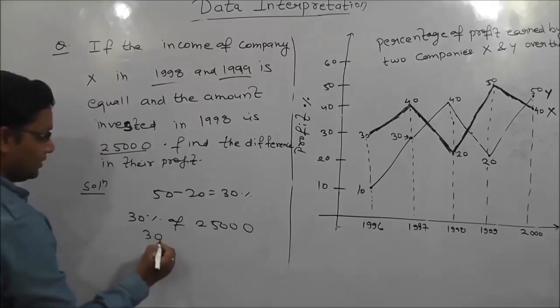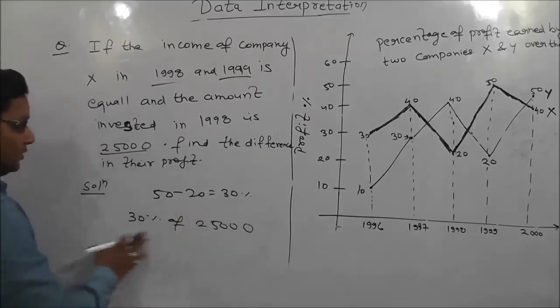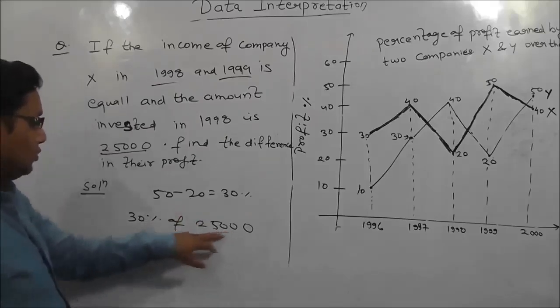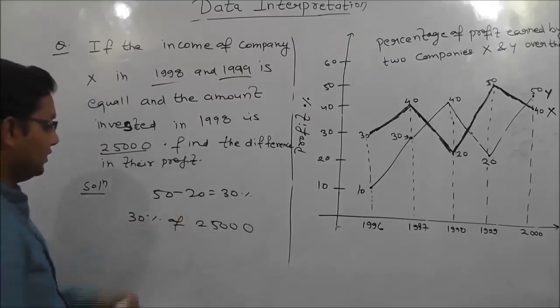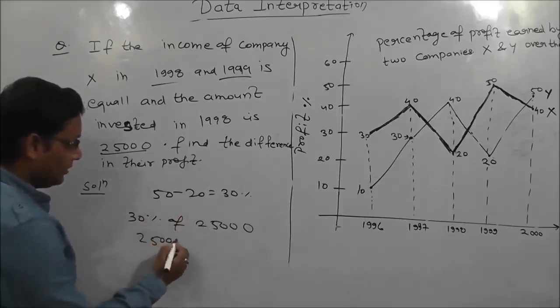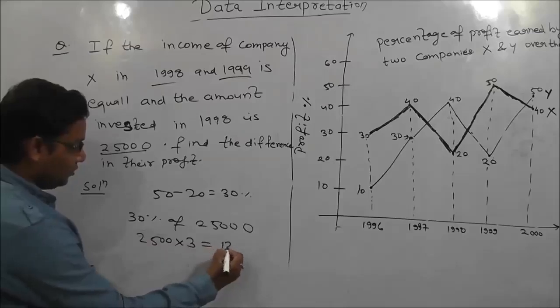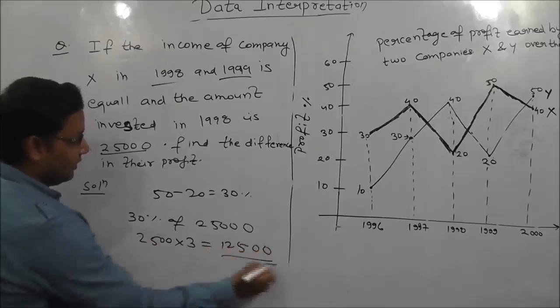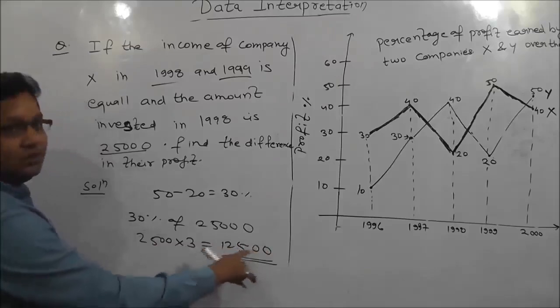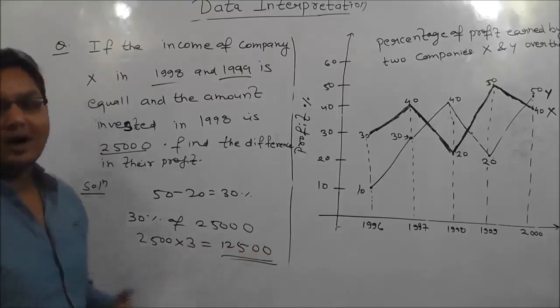So 30% of 25,000: 10% is 2,500, so 30% is 2,500 into 3, that is 7,500. This will be the answer.